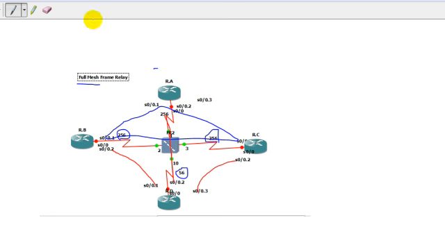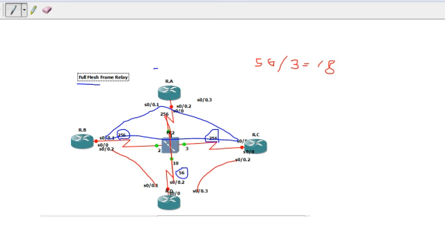I want to divide 56 by 3 lines or 3 virtual circuits. It will equal 18. What is this? This is not a good one.